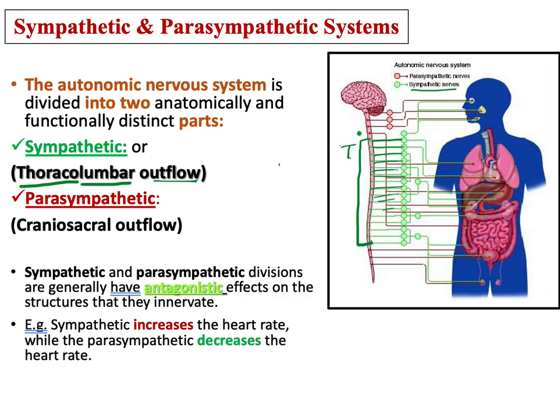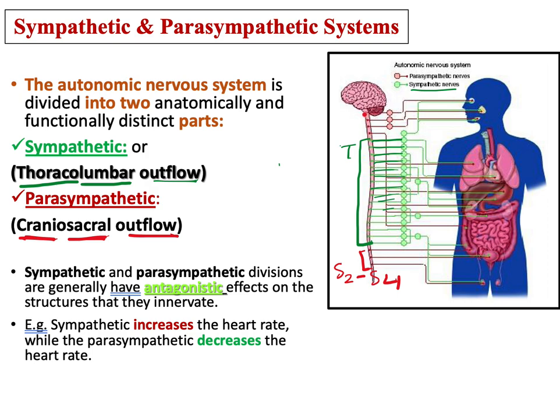On the other hand, the parasympathetic system comes out from the brain and the last part of the spinal cord, the sacral part, from S2 to S4 here. That's why it's called craniosacral outflow.